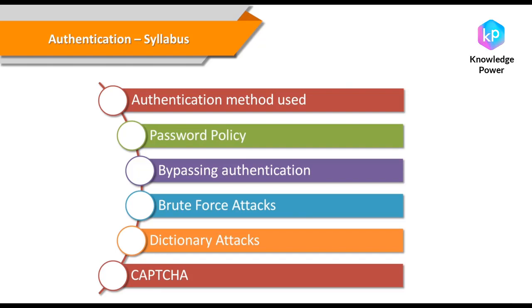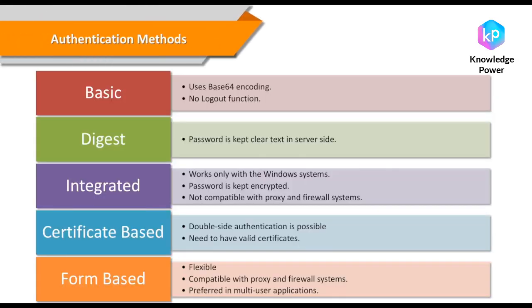The application should have a strong password policy and should have prevention methods to dispose of brute force attacks. The authentication methods are displayed in the slide. Since other methods have some disadvantages, the most commonly used authentication method is form-based authentication. Form-based authentications are flexible, so you can use different authentication factors together.